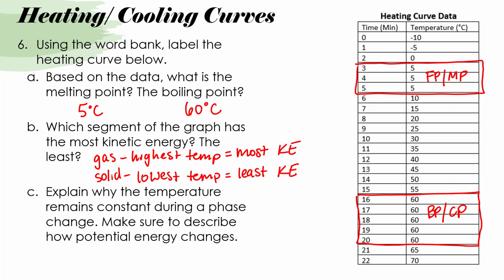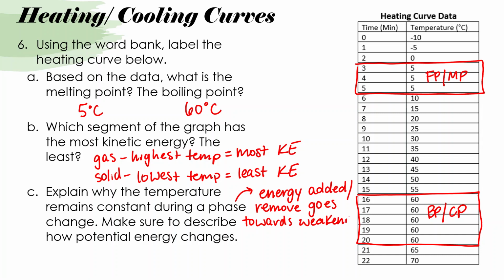So why does the temperature remain constant during a phase change? During a phase change, the energy that is added or removed is going towards either weakening, if we add heat, or strengthening, if we're removing heat, the intermolecular forces of the substance.